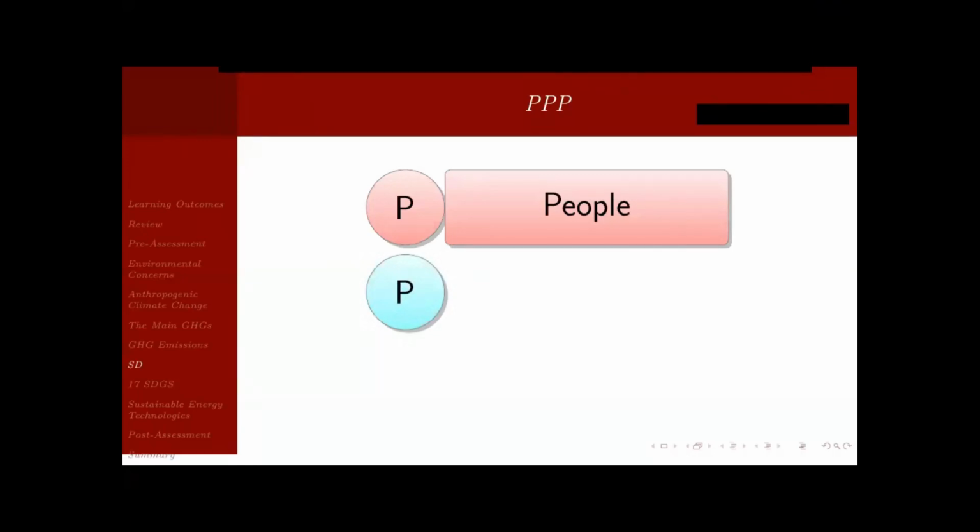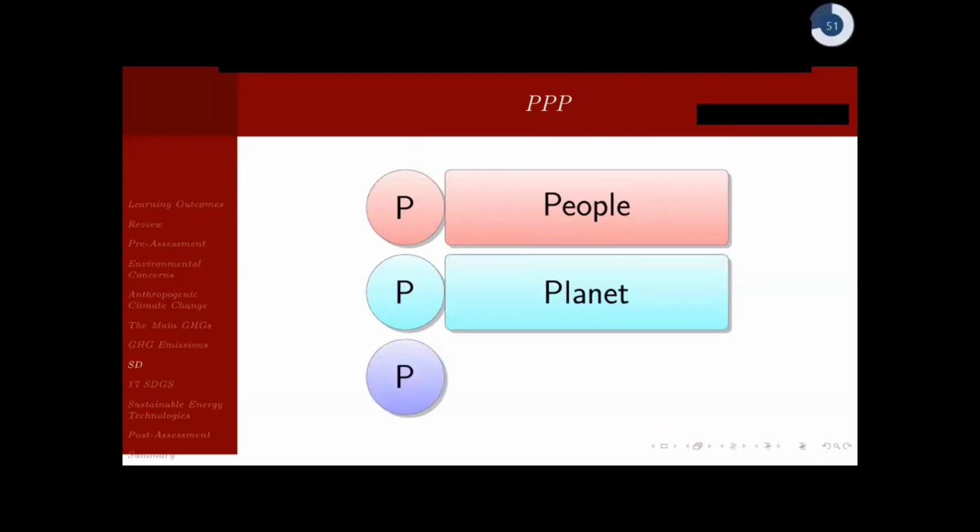Who knows the second P? Which is related to environment. Yeah, related to environment. Planet. And the third P, it's related to the economic pillar. Profit.